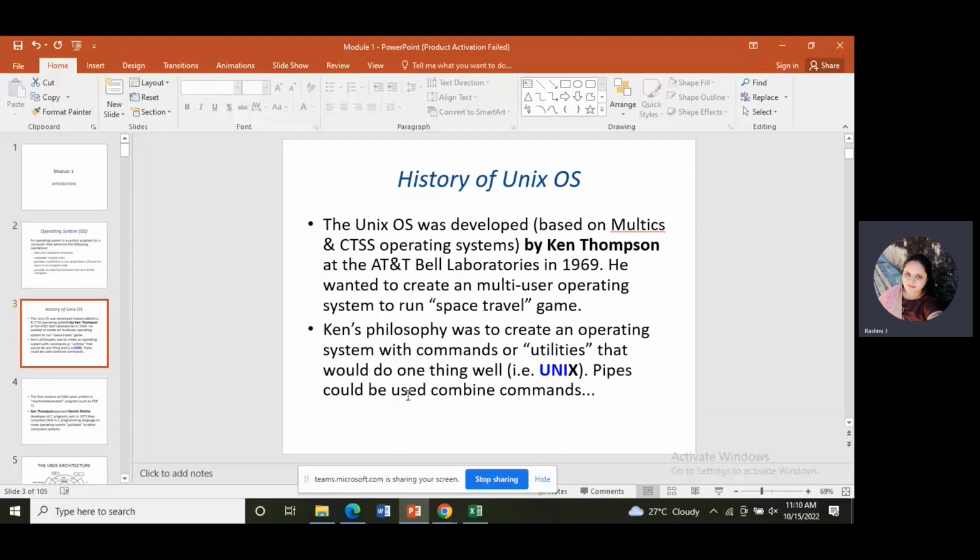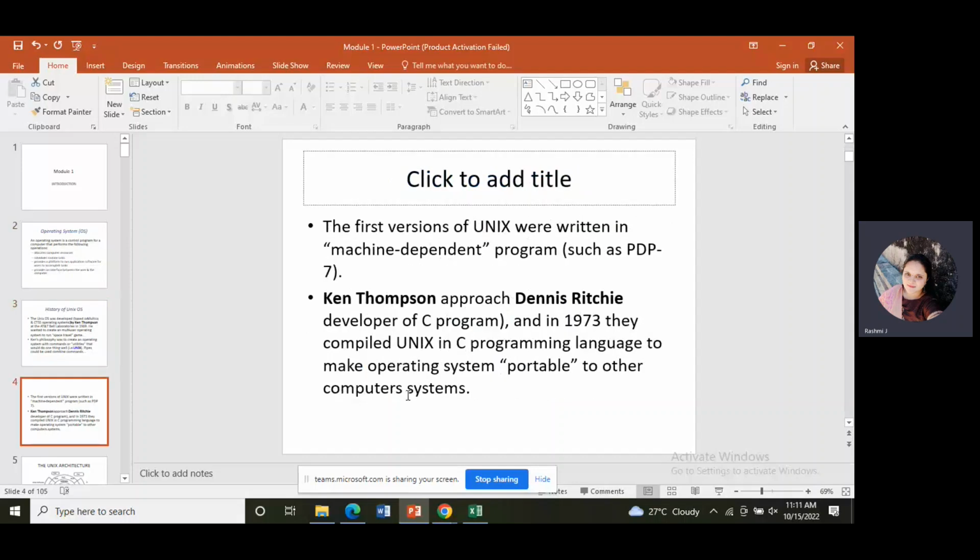Some Unix systems allow only a single user to access the operating system, but Unix is generally a multi-programming and multi-user operating system. It was developed by AT&T Labs in 1970 at the Bell Laboratories Research Center by Ken Thompson and Dennis Ritchie.